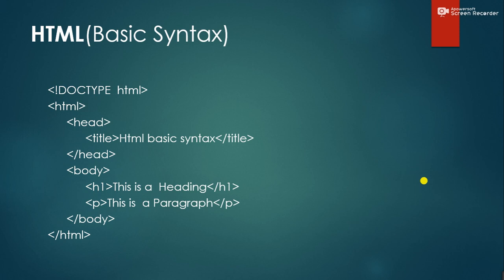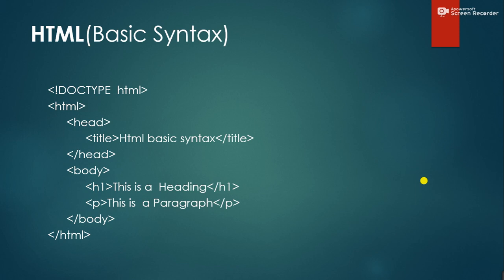In this video, I will explain some more features of the basic syntax of HTML, and we will also code our HTML basic syntax in a live environment in a code editor and see the output on the browser screen.